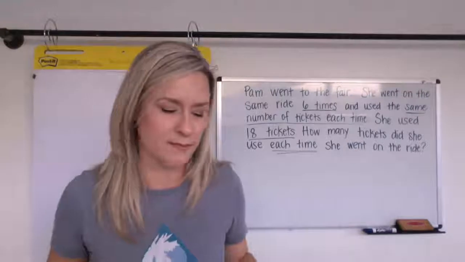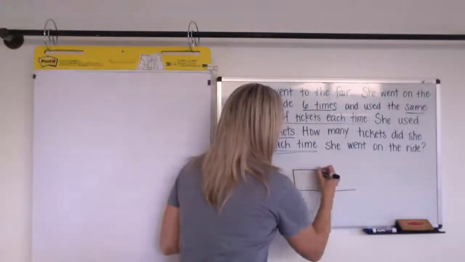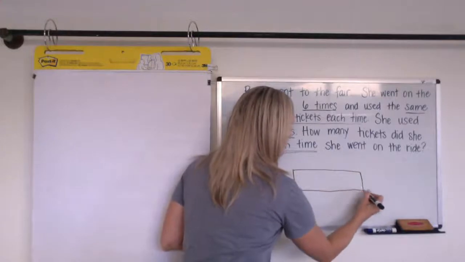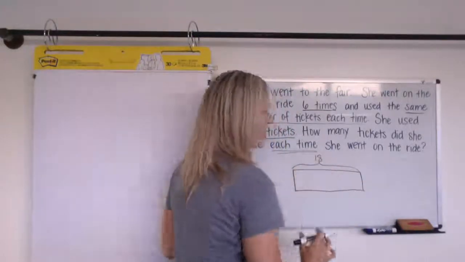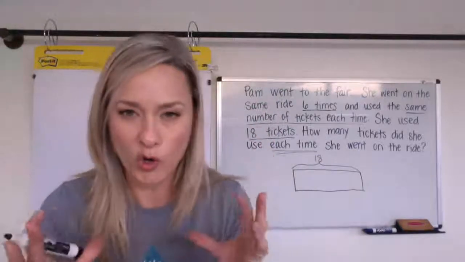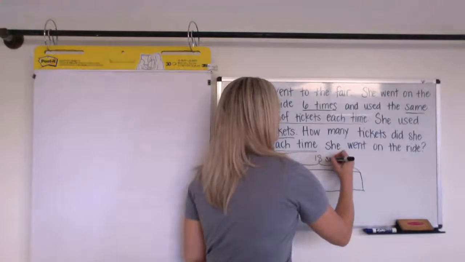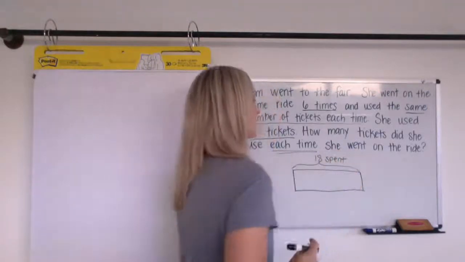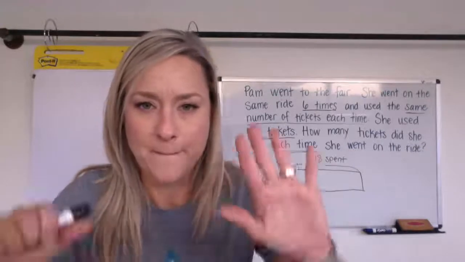Doesn't matter. We can put 18 either at the top or the bottom, representing the whole. That's all the tickets she spent. So 18 tickets spent.